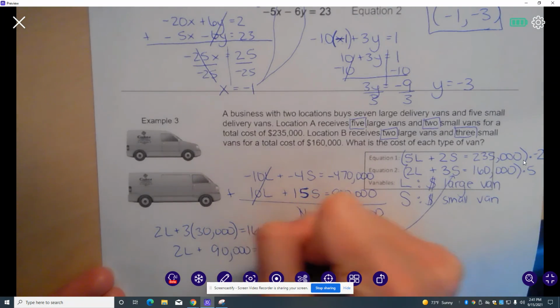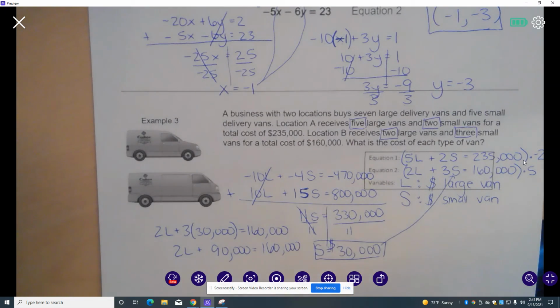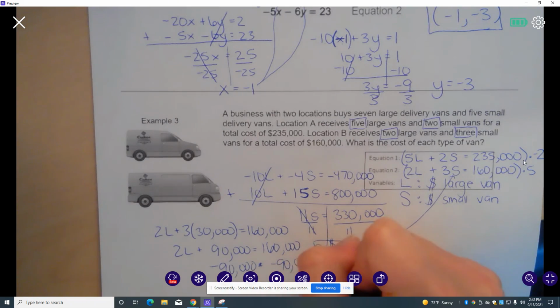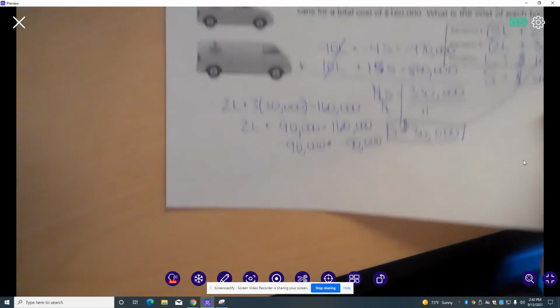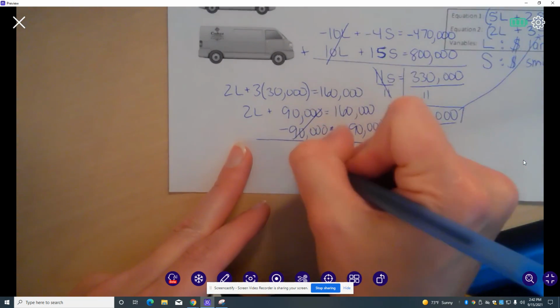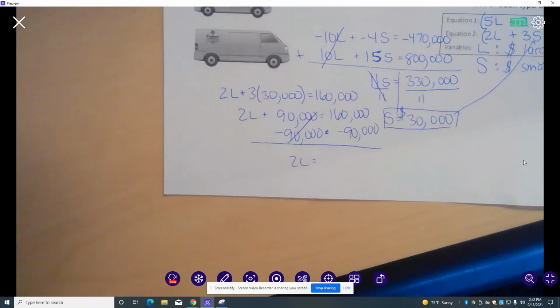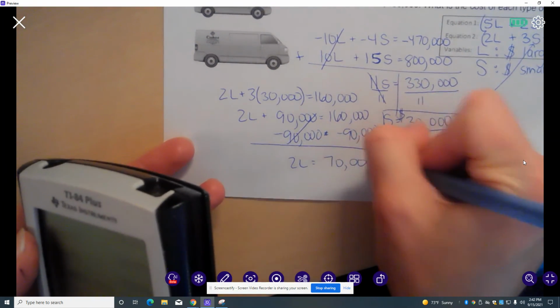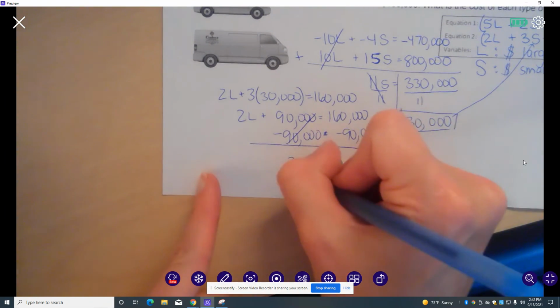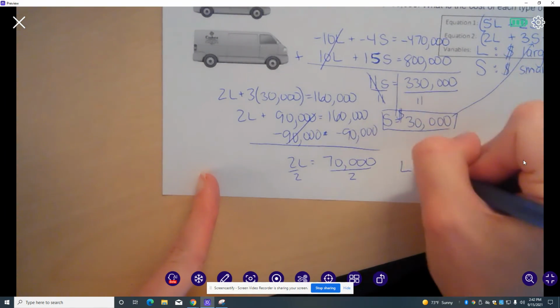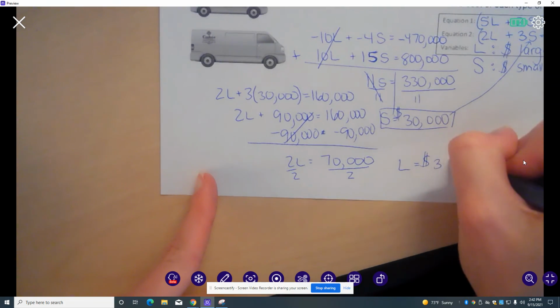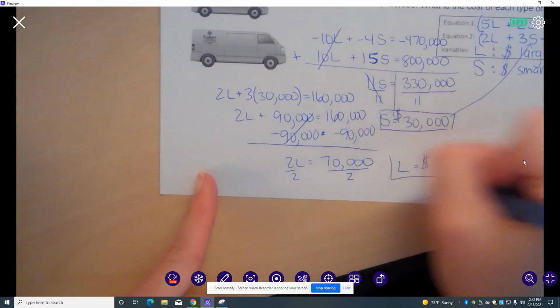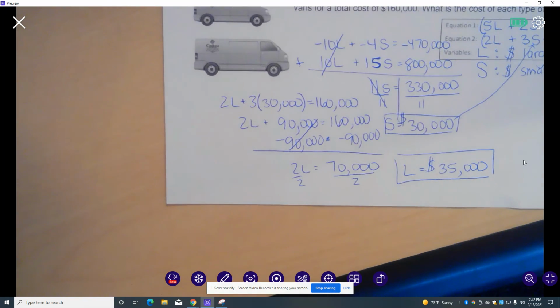I'm going to subtract 90,000 on both sides. Then divide both sides by 2. When I do that, I get that a large van costs $35,000.